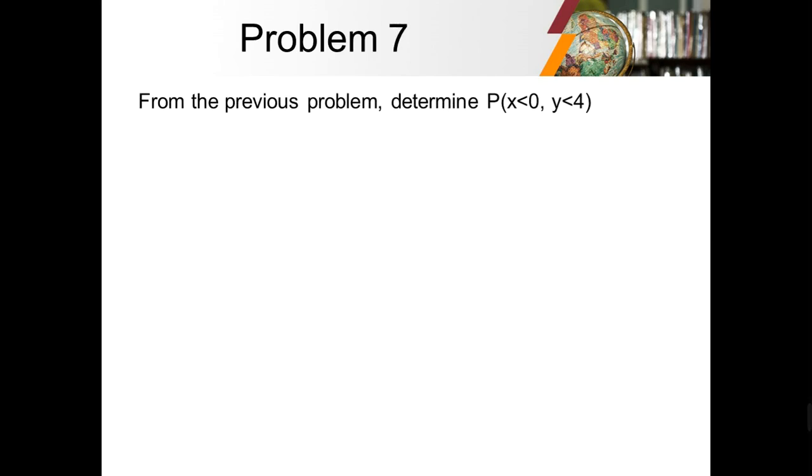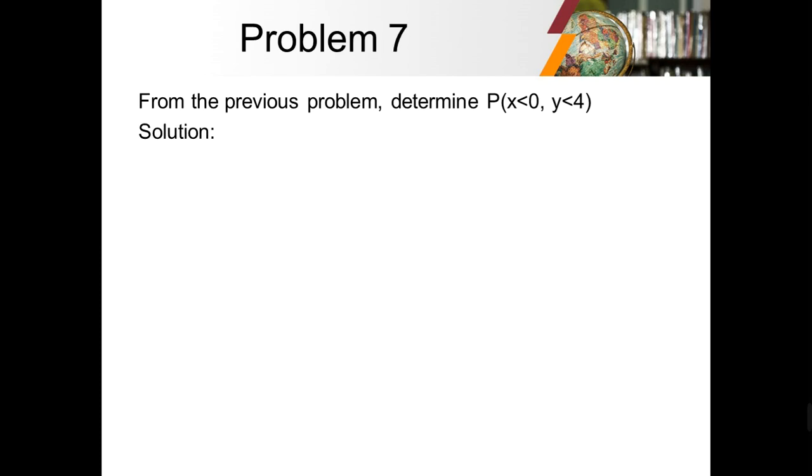Ngayon dito, ang hinahanap ay probability that x is less than 0 and y is less than 4. So, kung ang value ng x natin ay nagre-range lang from 0 to 3, so hinahanap natin yung probability that x is less than 0. So, that would be 0.